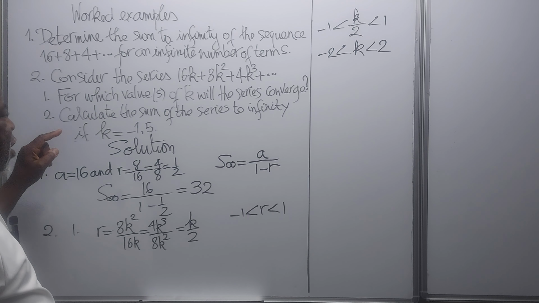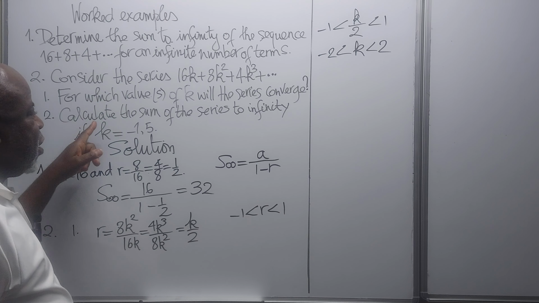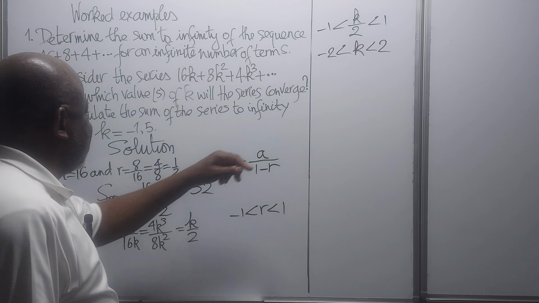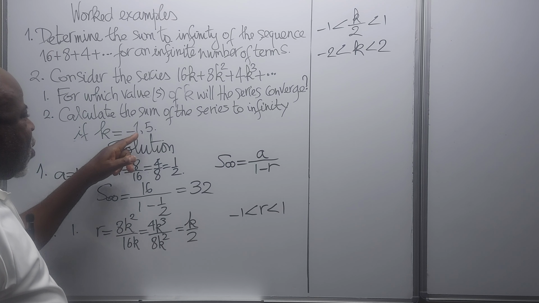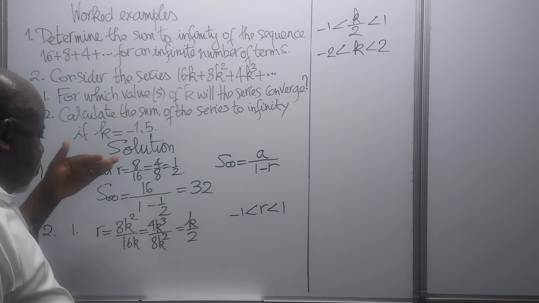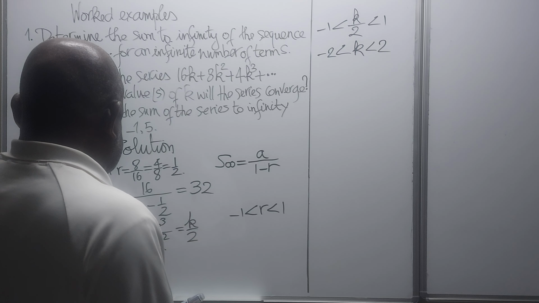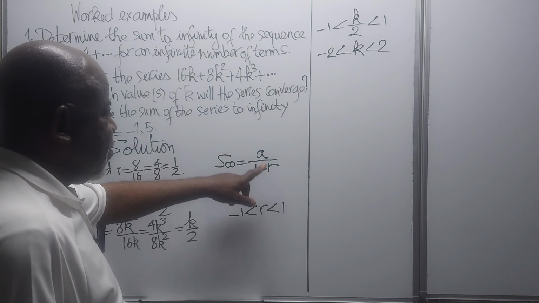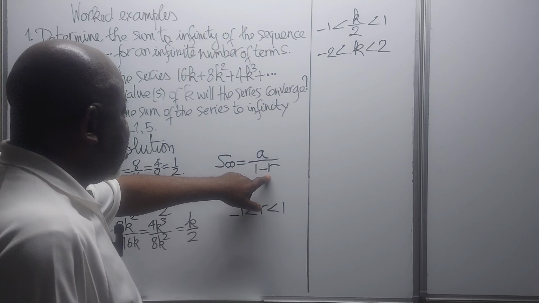Then we're going to go to the second sub-question. Calculate the sum of the series to infinity if k is equal to negative 1,5. So we need to get, remember, the first term and the common ratio.